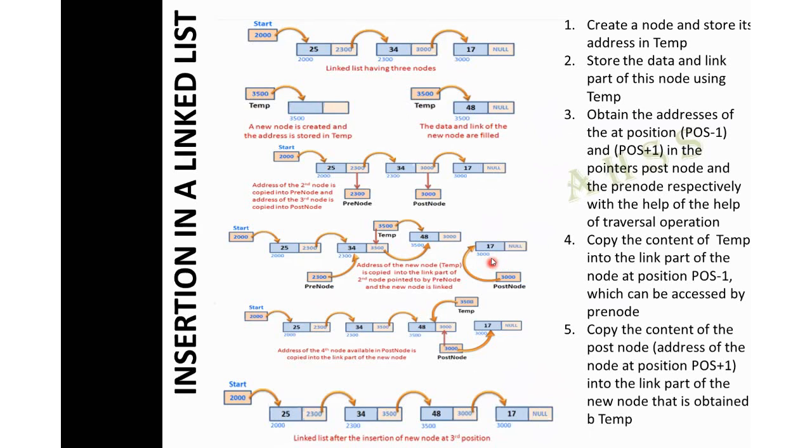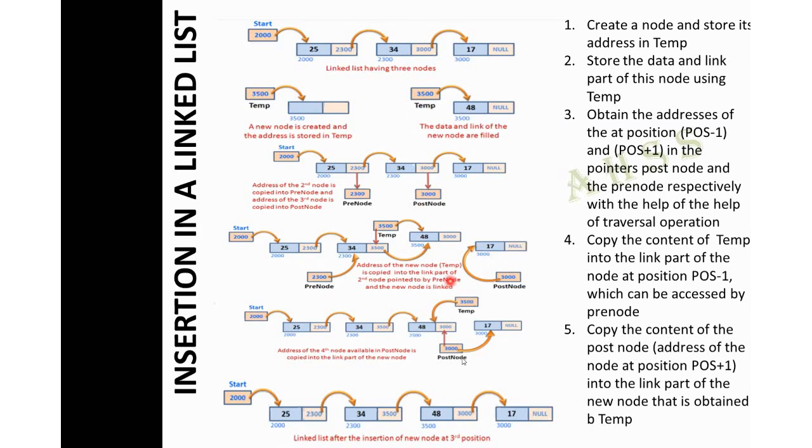So where did we keep 17's address temporarily? 17's address value is 3000, and we have kept it temporarily in the post node.